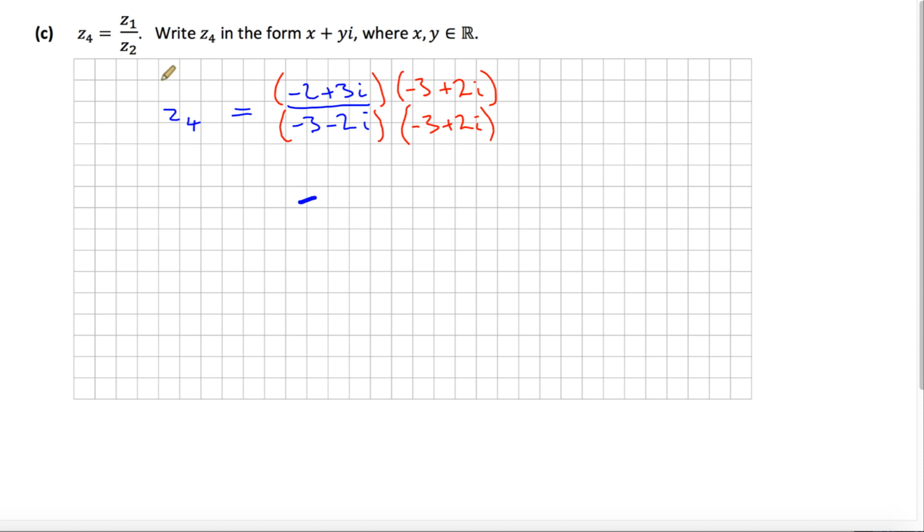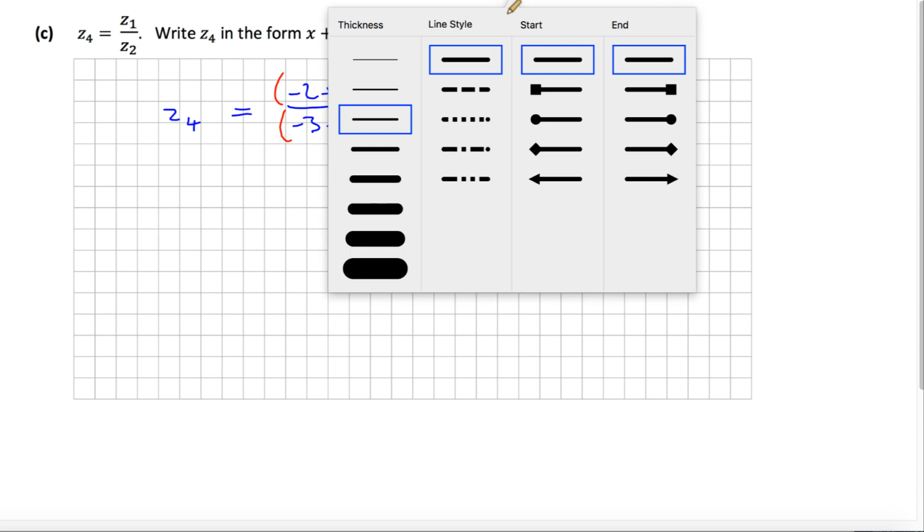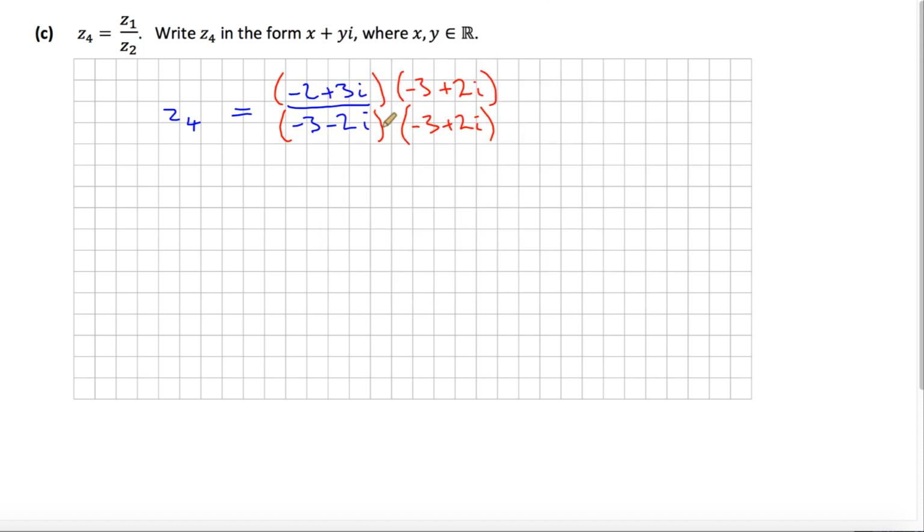So the reason we do this is because when you multiply a complex number by its conjugate, it becomes a real number, or the imaginary bit becomes 0. So we can do the top here, and we can do the bottom over there, and we can bring them back together at the end, express them as a fraction.